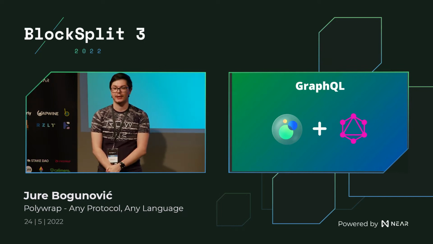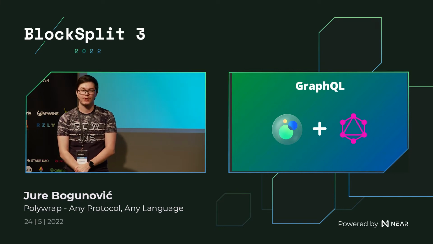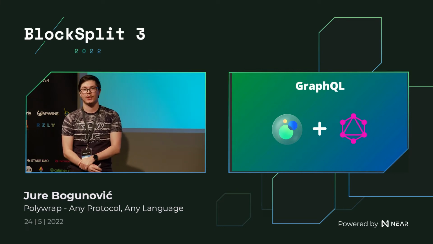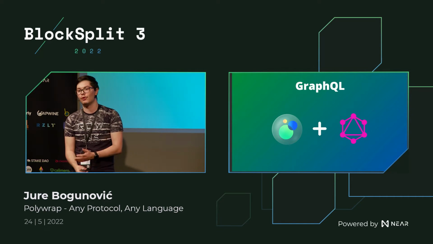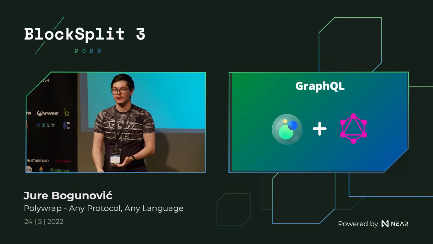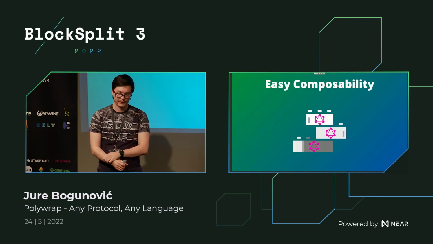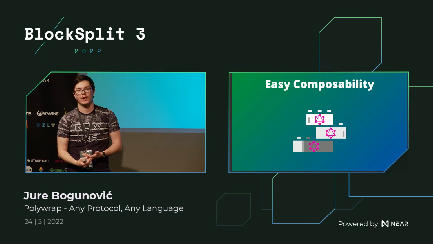So we use that as our interface definition language, our schema definition language, so that you can define your wrapper interfaces in it. And any interface for a wrapper, no matter if the wrapper was written in Go or Rust or AssemblyScript, looks the same and feels the same. So we have standard interfaces which allow easy composability between those wrappers.